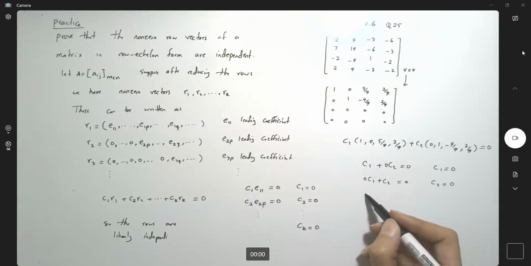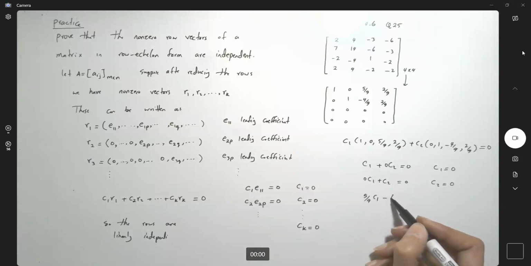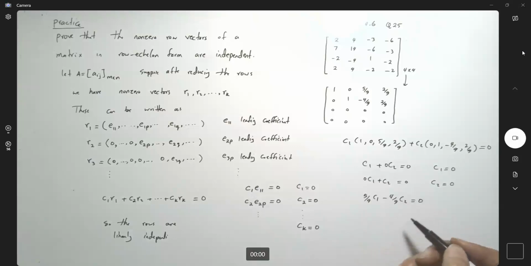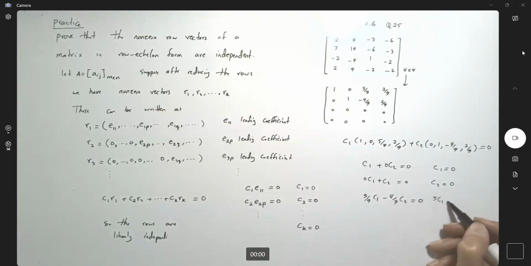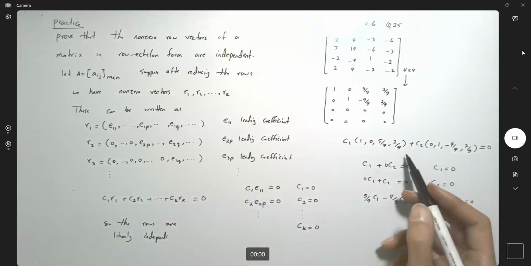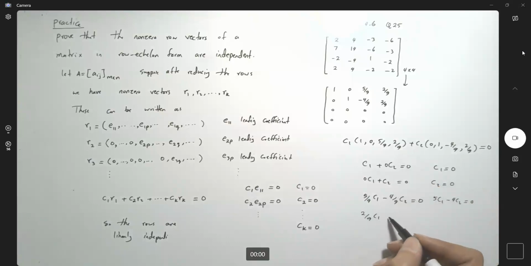Here you have 5/9 C1 minus 4/9 C2 equal to 0. If I multiply by 9, you have 5 C1 minus 4 C2 equal to 0. From the last equation, you have 2/9 C1 plus 2/9 C2 equal to 0, or C1 plus C2 equal to 0, so C1 is equal to negative C2.